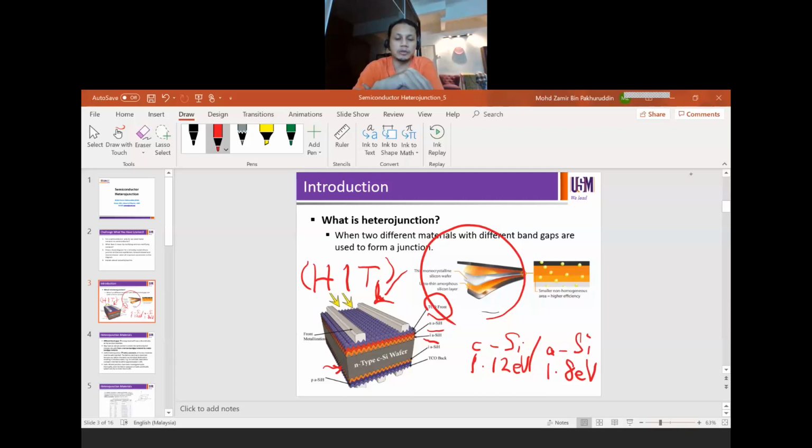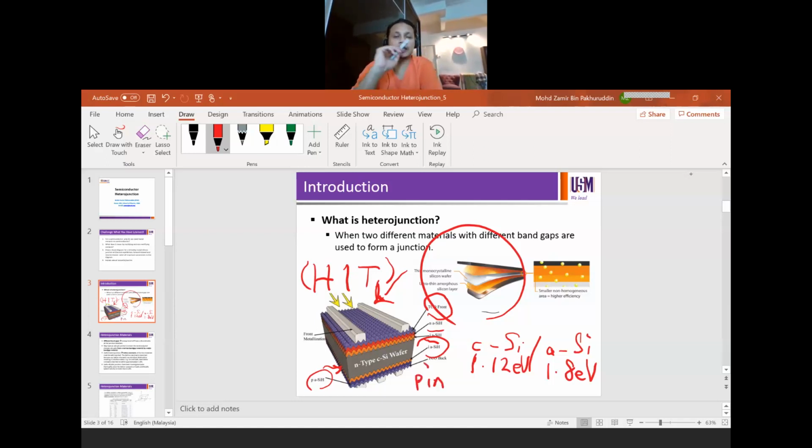At the bottom of the crystalline silicon, you can see it's intrinsic as well, and also P-type amorphous silicon. So do you see a PN junction down there? Is it a PN junction? Any idea? It's not a PN junction, right? Yes, it is a PIN junction, correct, Farah. So it is a PIN type junction.